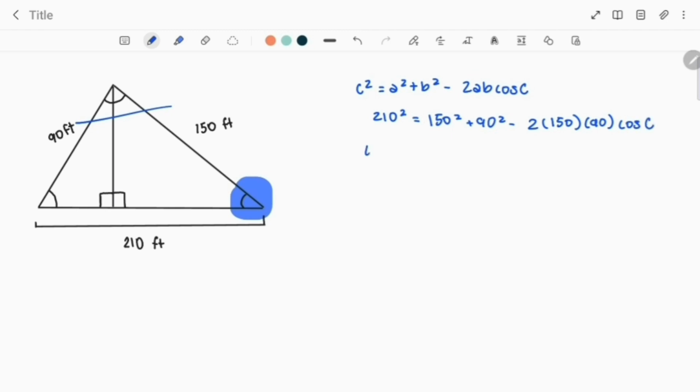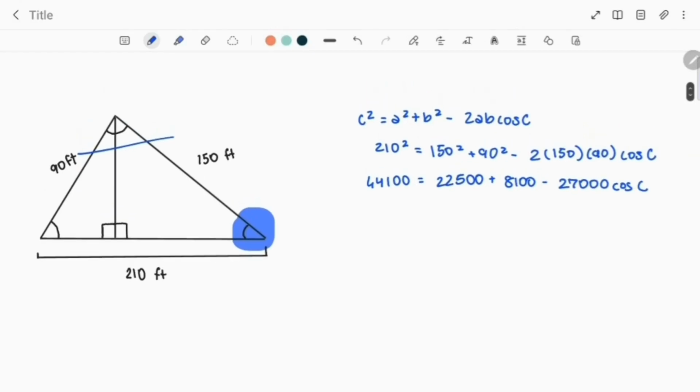Simplify it further and we'll get 44,100 is equal to 22,500 plus 8,100 minus 27,000 cosine of c. Now let's add. 44,100 is equal to 30,600 minus 27,000 cosine of c.